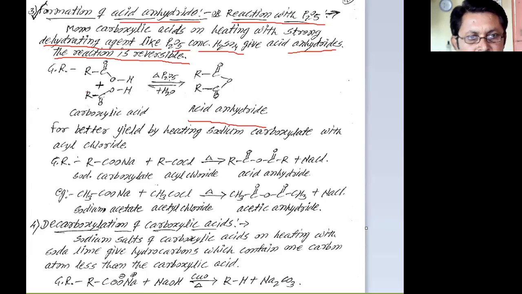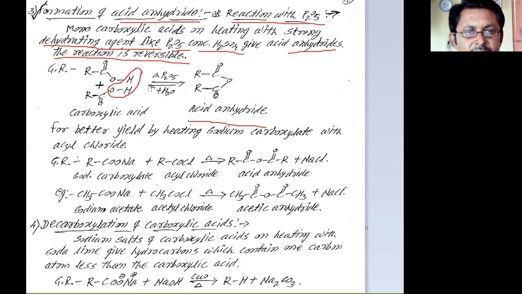When heating in the presence of P2O5, we get the removal of one water molecule, and we get acid anhydride. See here, one water molecule is removed when heating in the presence of P2O5. Then we get acid anhydride, RCO-O-COR.